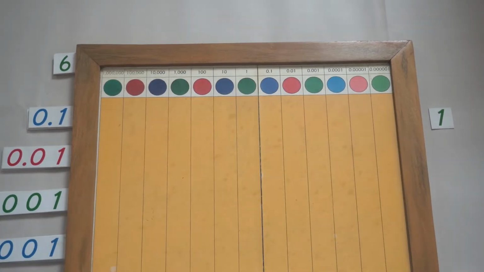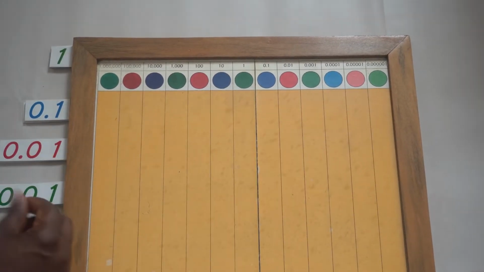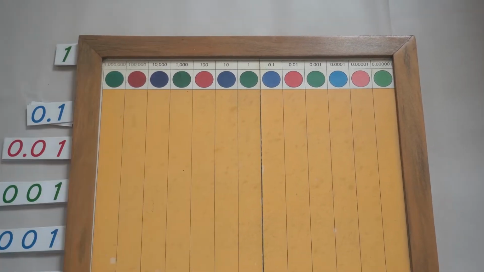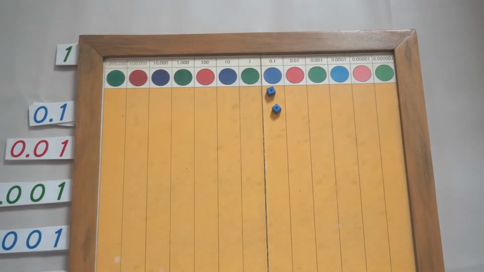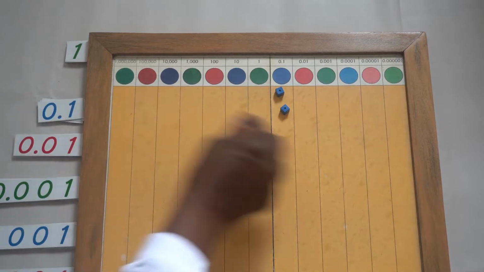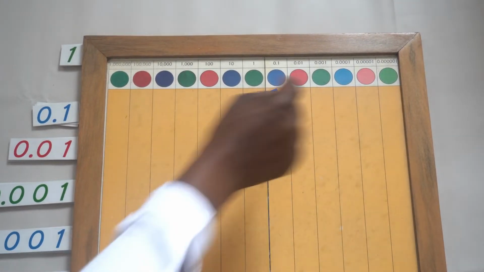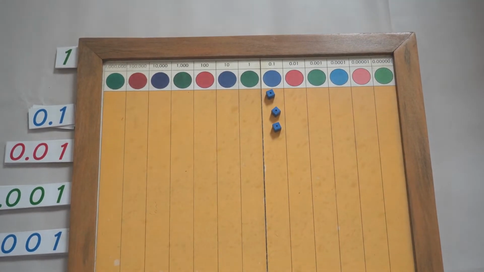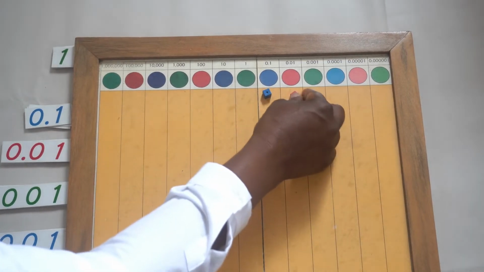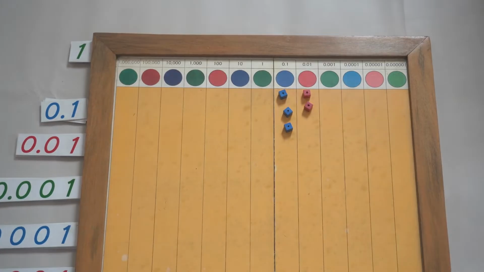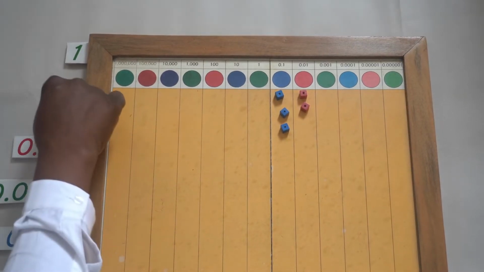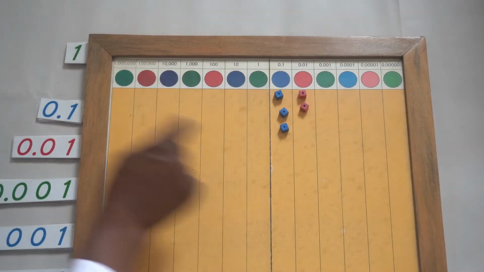Okay, let's form more quantities. Suppose I have 3 tenths: 1 tenth, 2 tenths, 3 tenths. And in the hundredths category, I have 2 hundredths: 1 hundredth, 2 hundredths. So what will I do? I go to the tenths category and look for 3 tenths.